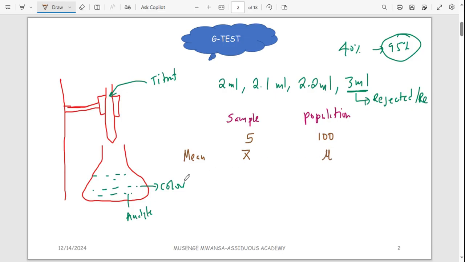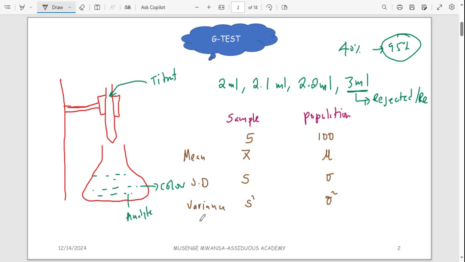And then the same with standard deviation. For the sample standard deviation, you use S. For the population standard deviation, you use sigma. You also have variance. Variance is the square of the standard deviation. So here you use S squared, here you use sigma squared.